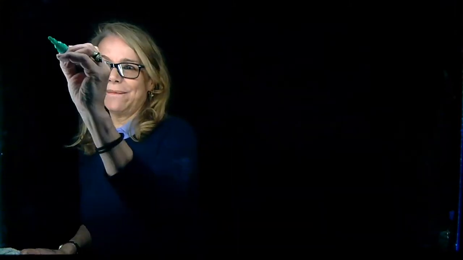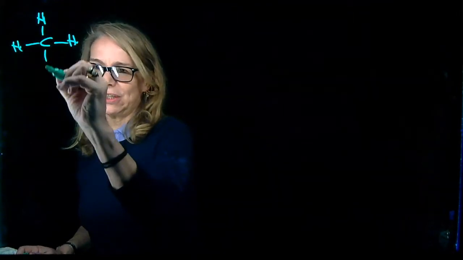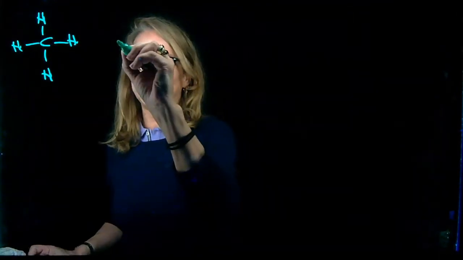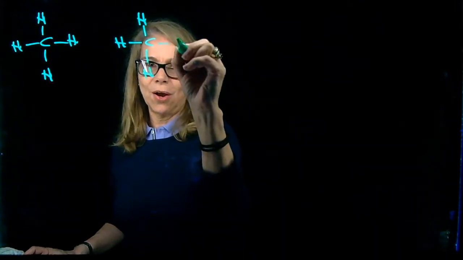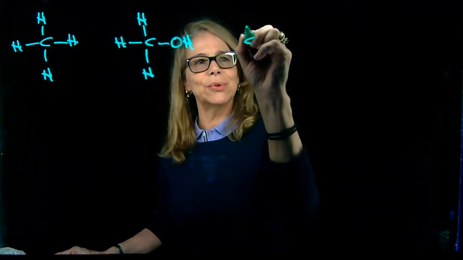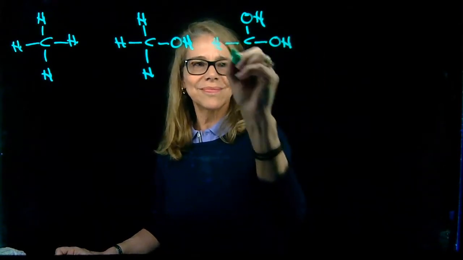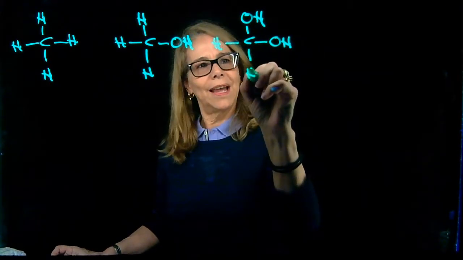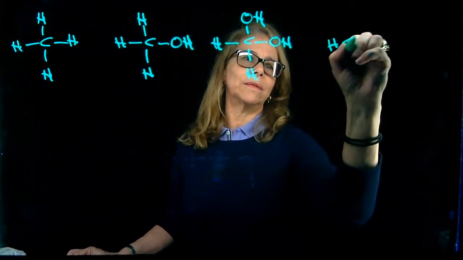We're going to continue working on oxidation states of carbon. Starting from where we left off in our last video, I'm going to draw a whole series. Here, replacing one hydrogen by an oxygen, and then replacing two hydrogens by oxygen, for example.